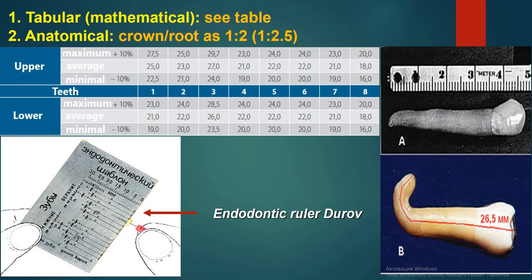First, tabular, mathematical. We see a table. In the table we see upper and lower teeth, and maximum, average and minimal.